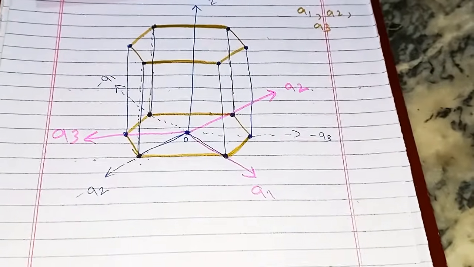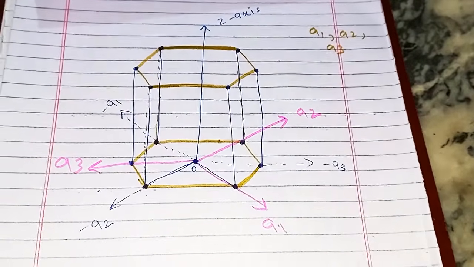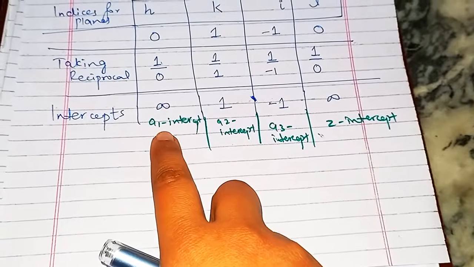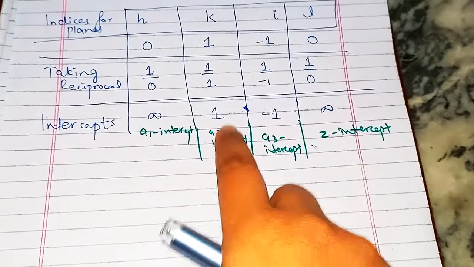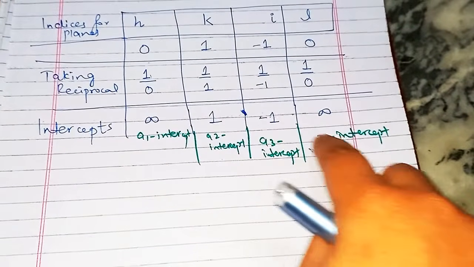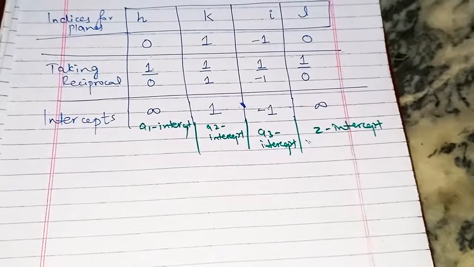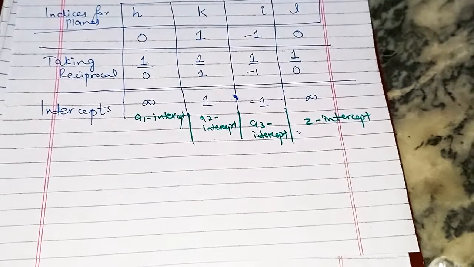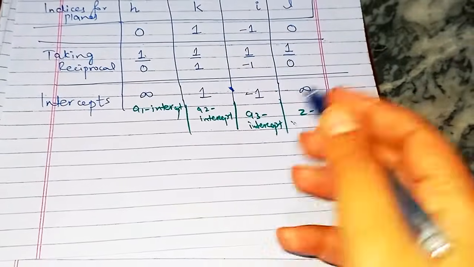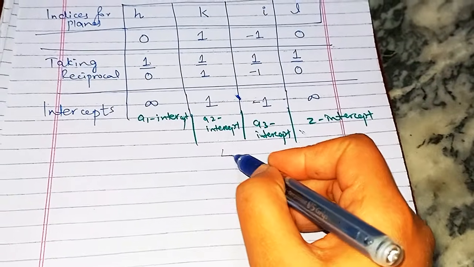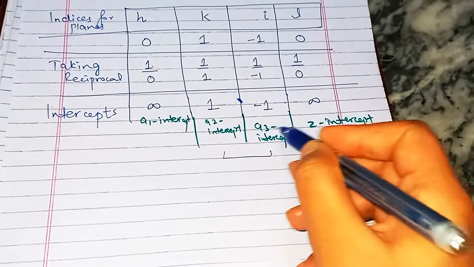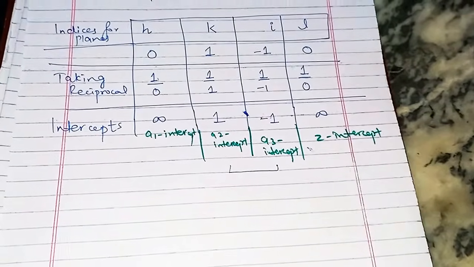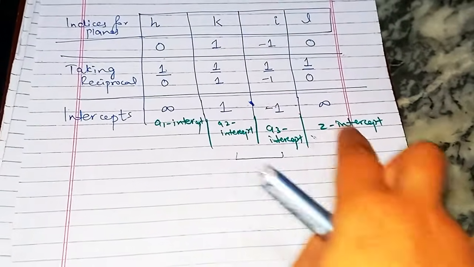So now let's draw the first plane that we had, and we can see we have the a1 intercept as infinity, a2 is 1, a3 is -1, and the z intercept is infinity. When we have infinities in intercepts, the first thing we need to do is draw those intercepts which are not infinity, and we deal with the infinities at the end.